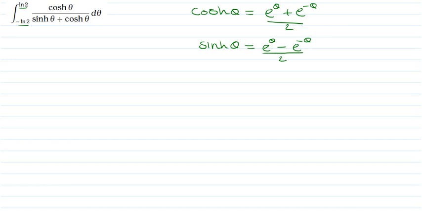Using this expression in our integral, where there is cosh, we put its equivalent. So we're going to have e to the power theta plus e to the power negative theta, then everything over 2.